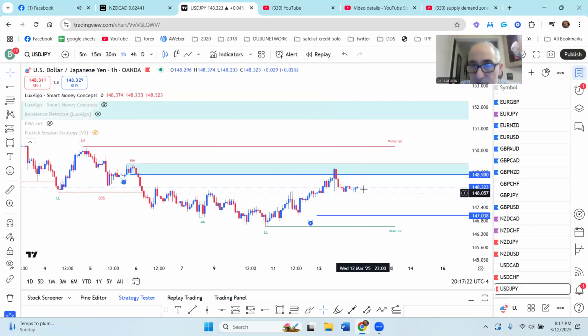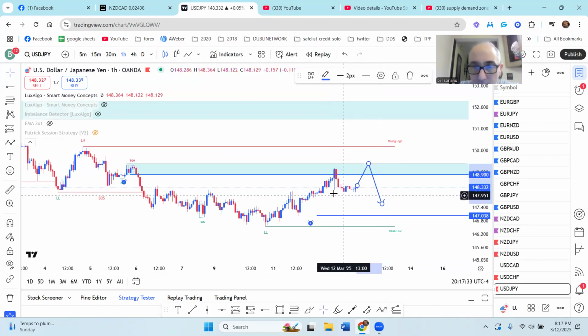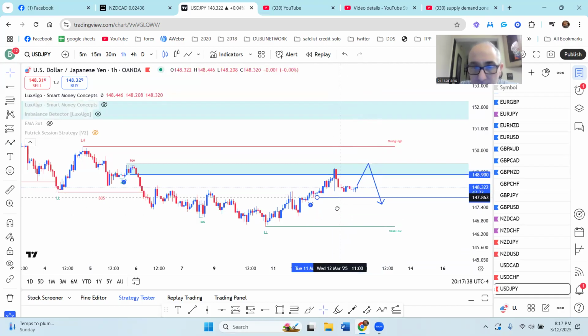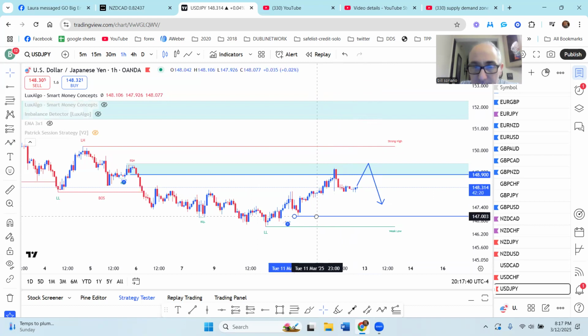We need a break of structure to the downside here to get a change of character. Now, if price were to move higher up into this zone, then we can move our change of character up to here. But right now we have to keep it down here, right?